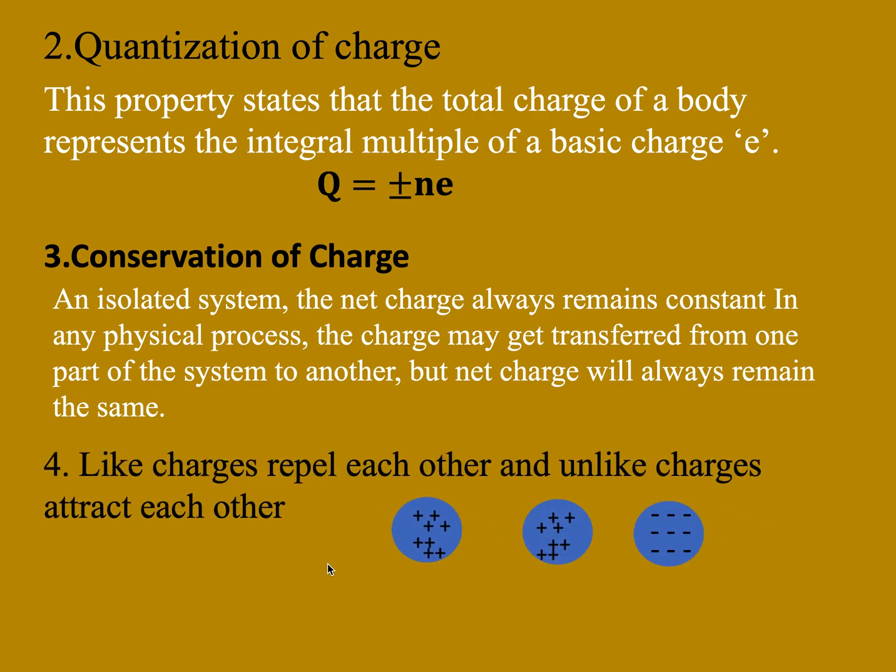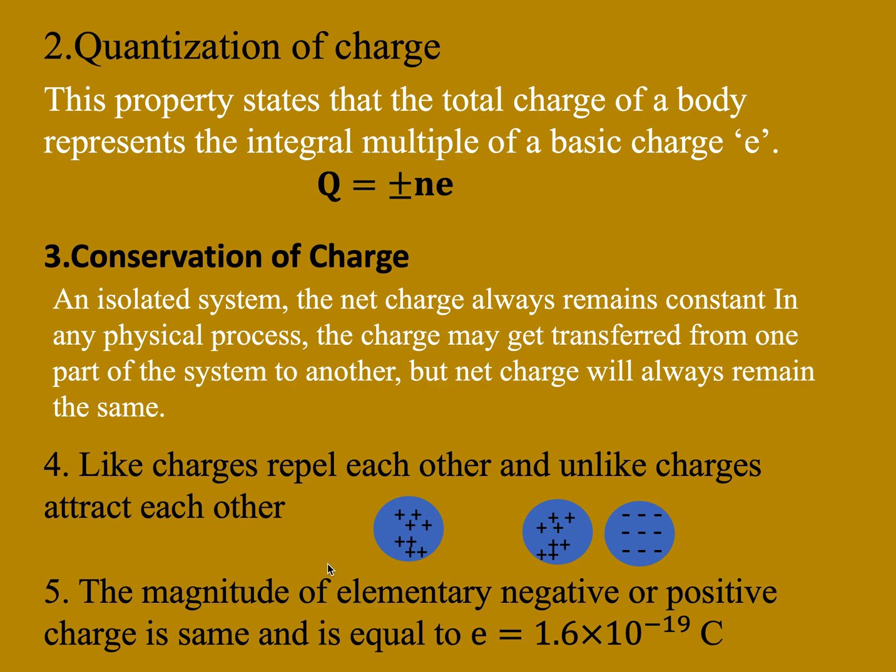And see the next one: like charges repel each other and unlike charges attract each other. The magnitude of the elementary basic charge, negative or positive, is the same and is equal to 1.6 into 10 power minus 19 coulombs.